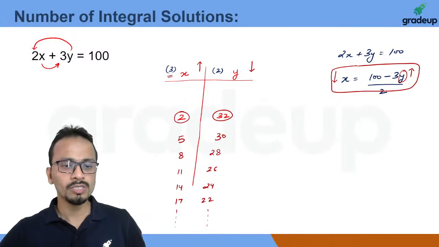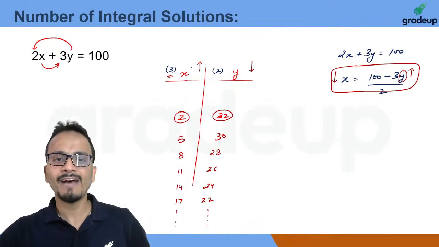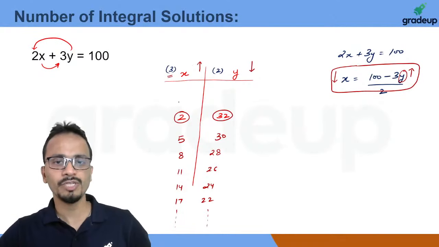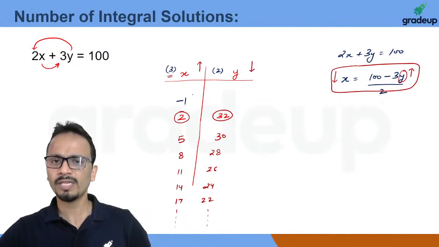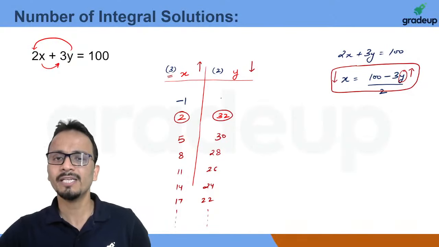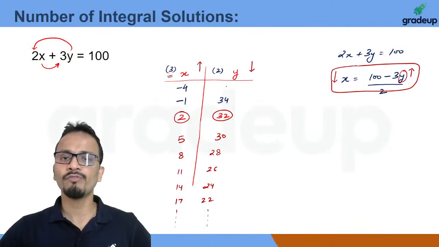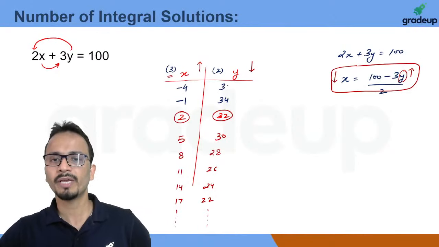Now if I go the other way, that means if I decrease the value of x by 3, the value of x will become -1 and correspondingly the value of y will increase and it will become 34. Similarly, if the value of x further decreases by 3, to -4, the value of y will increase by 2, it will become 36.